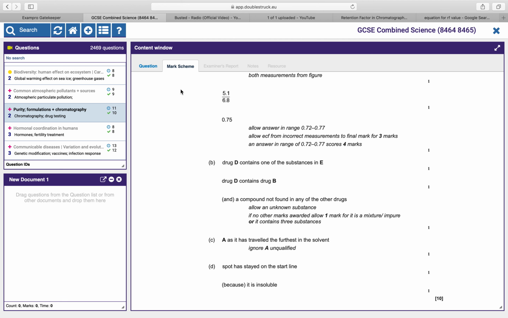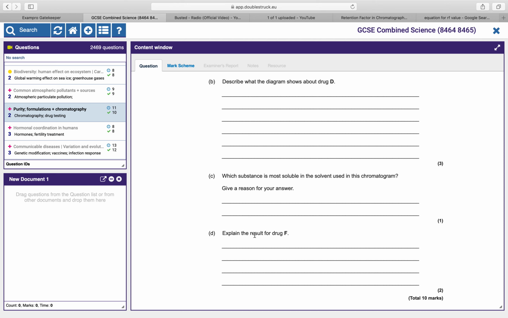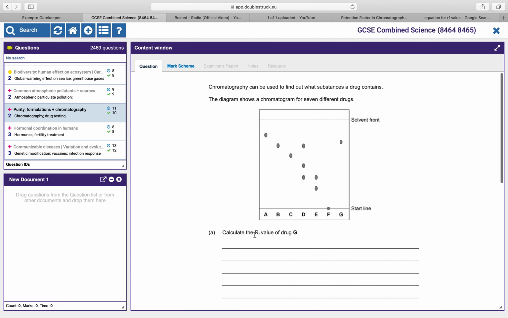Alright. What's this one? Explain the result for drug F. Drug F didn't even move. This is what I'm talking about when I say that you should use a pencil for this line, or something that the solvent doesn't dissolve, because otherwise it would act just as this F is and it wouldn't move up.